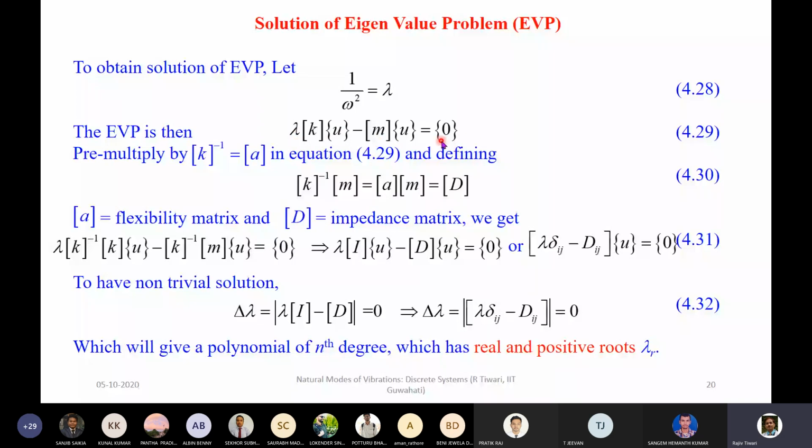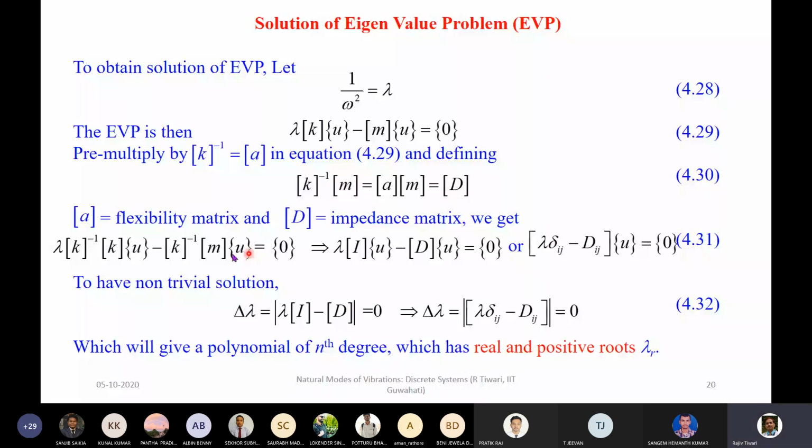If I pre-multiply by K inverse, so K inverse into KU minus lambda K inverse M U is equal to 0. K inverse and K will give me the identity matrix. And K inverse is nothing but the flexibility influence coefficient matrix, and multiplied by mass I'm defining as D. So K inverse M I'm defining as D.